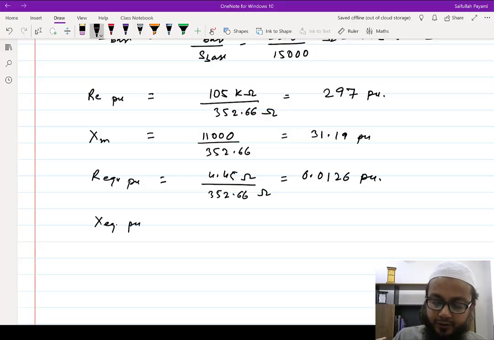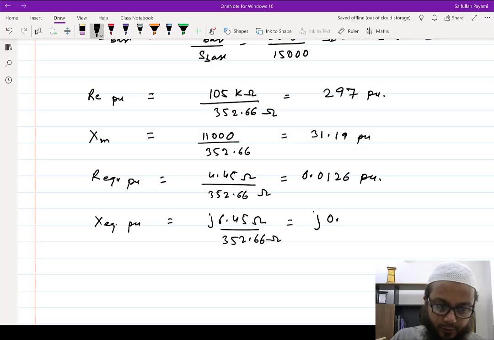These are all referred towards the primary side, because this equivalent circuit diagram has been given for the primary side. So this would be j 6.45 ohms upon 352.66 ohms, and this will come out to be j 0.0183 per unit.